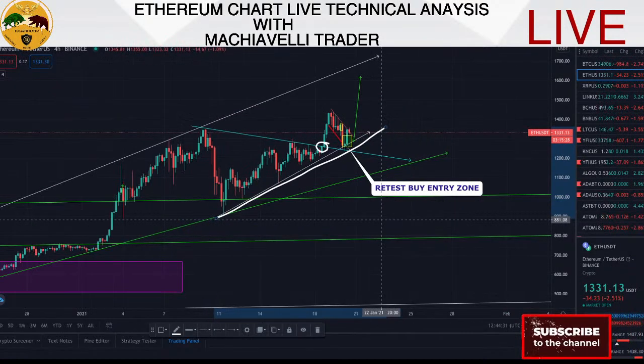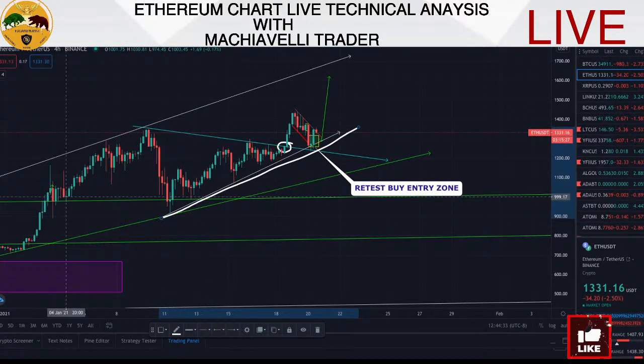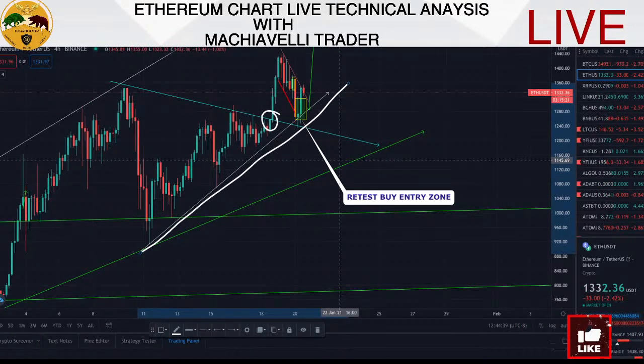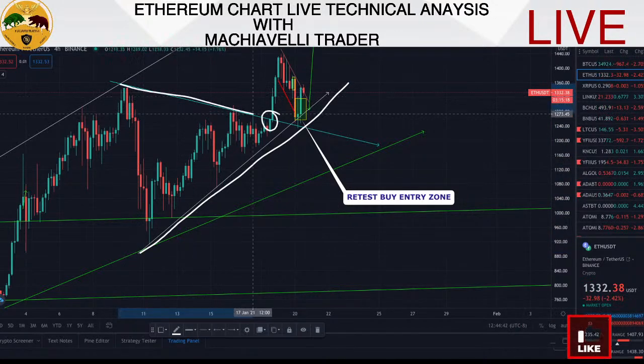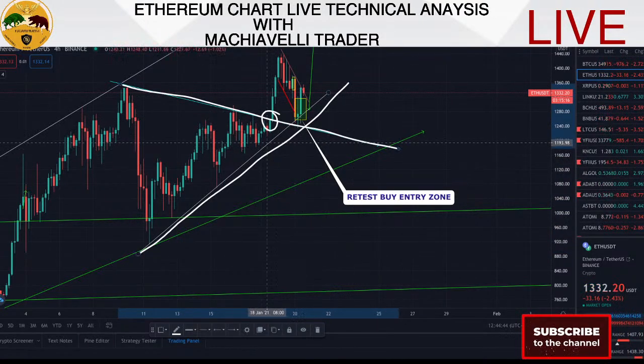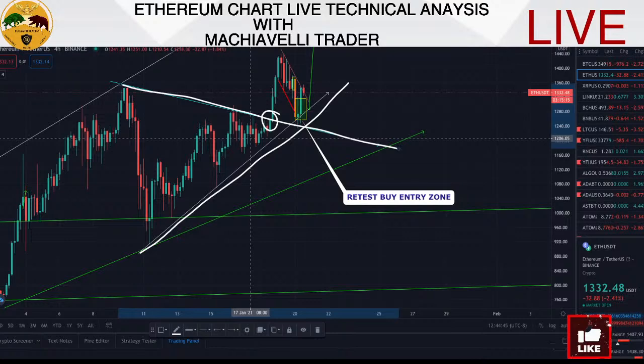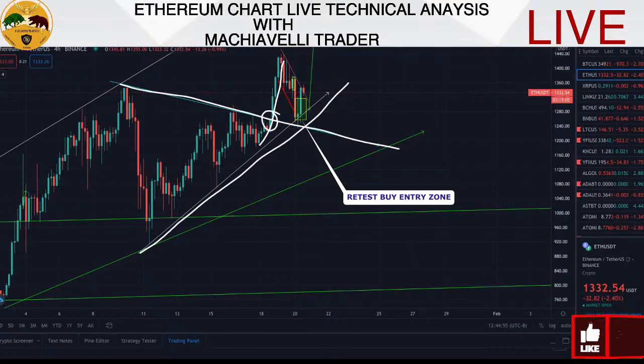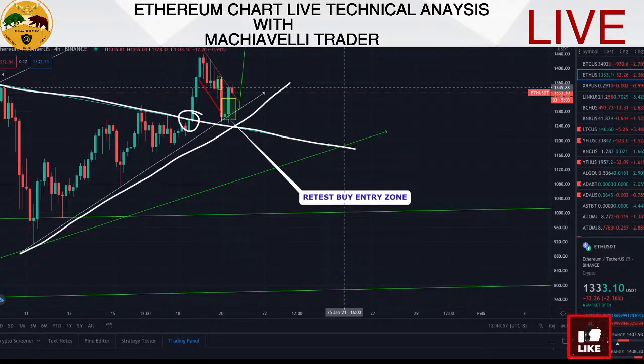If I pull closer, you see that on the same support, because this is now acting as our new support, it was previously a resistance but was broken to the upside. Now it is clearly acting as a support, and we see price printing a clear 3-bar reversal.